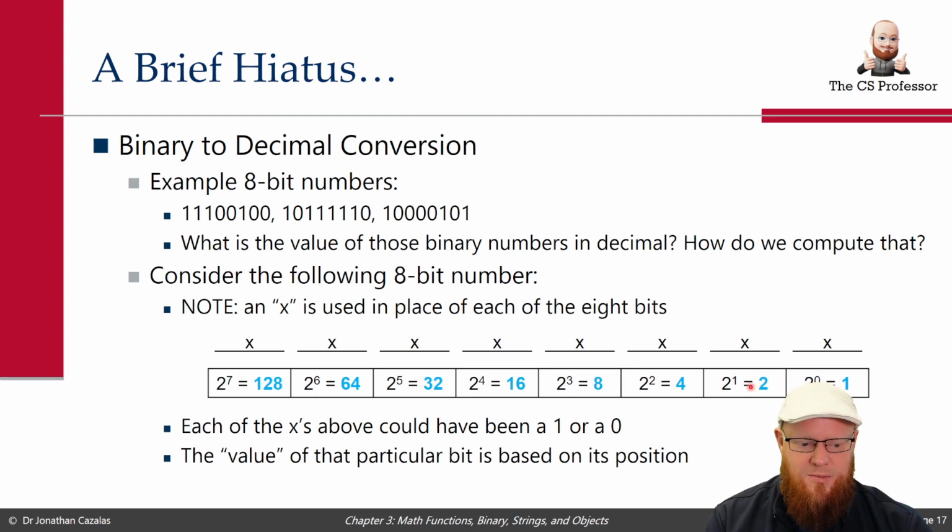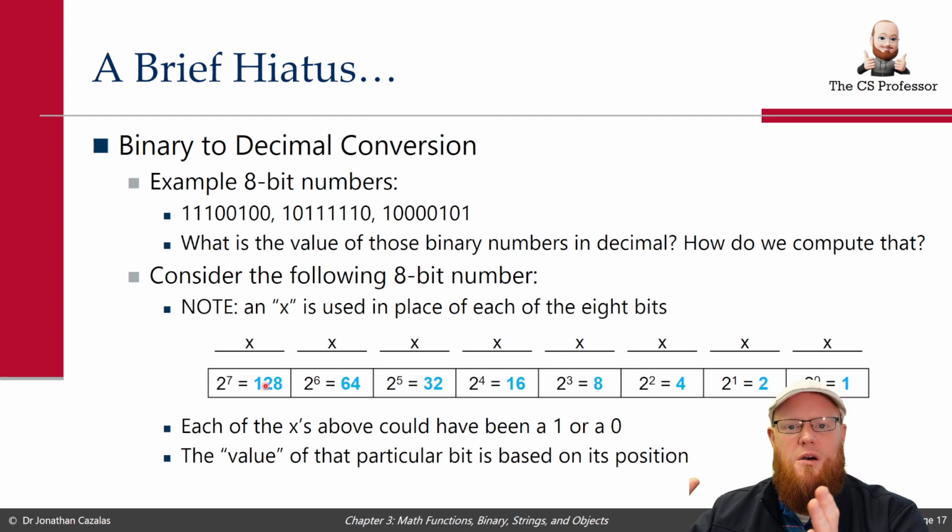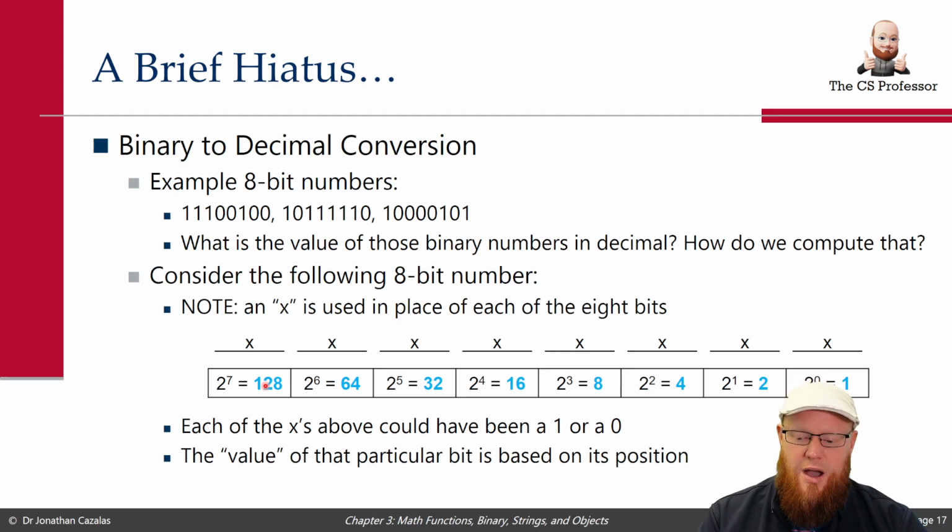So in decimal, we say this is the ones column, then the tens column, then the hundreds column, then the thousands column. Well, in binary, this is the ones column, this is 2, this is 4, this is worth 8, this column is worth 16, this column is worth 32, 64, 128, 256, 512, 1024. It's going by powers of 2. That's the value at each column.